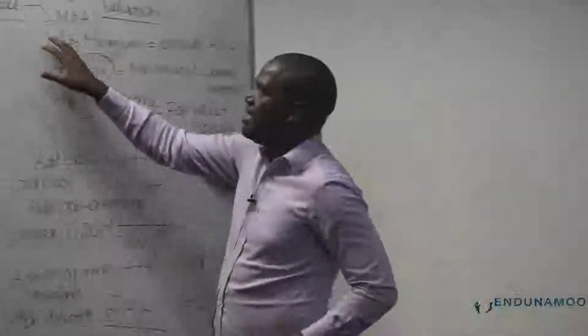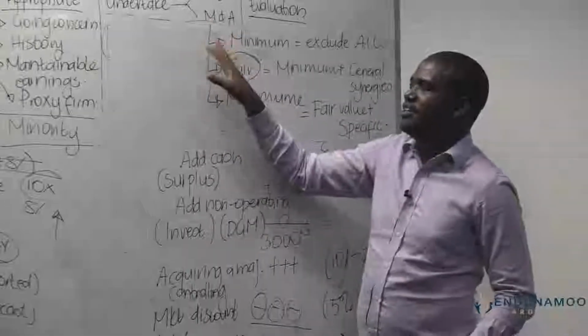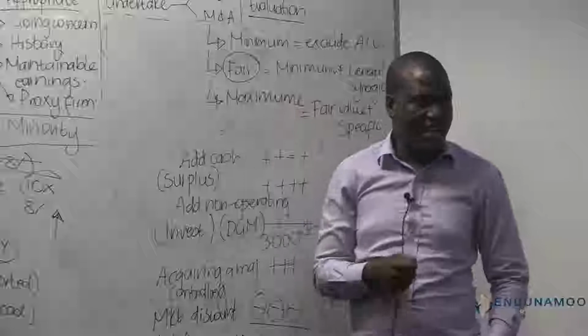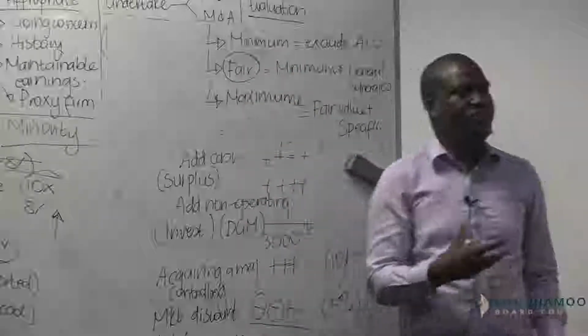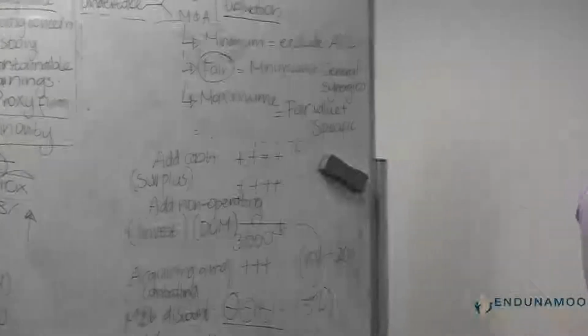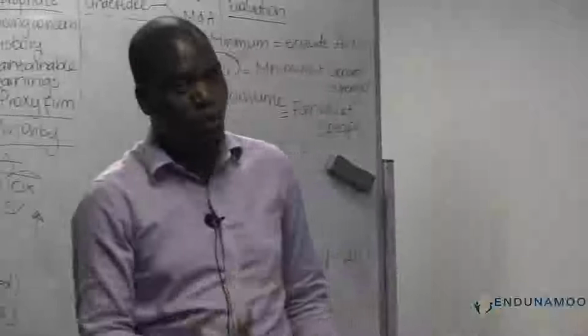So that is the framework, and that is where you get an integration between valuation and mergers and acquisitions. It is how the question has been phrased. So go back and check some of these questions carefully in terms of what they were asking for. Even in test 2, for both level 1 and level 2, they were specific in terms of the value they wanted.